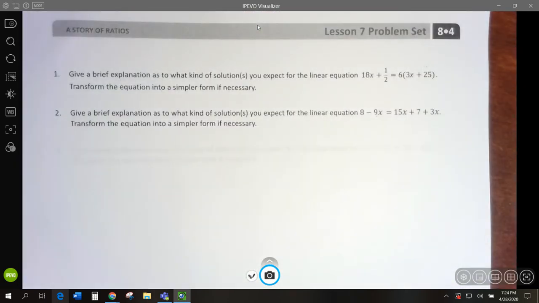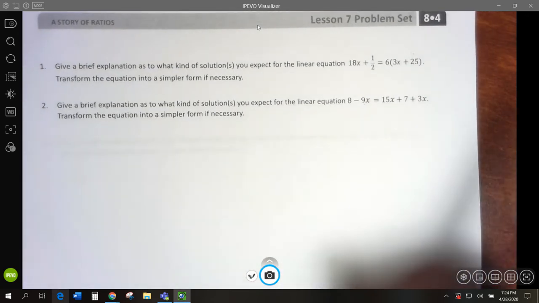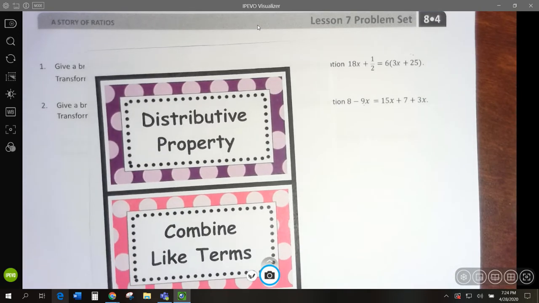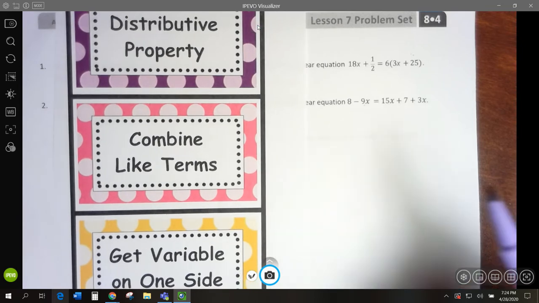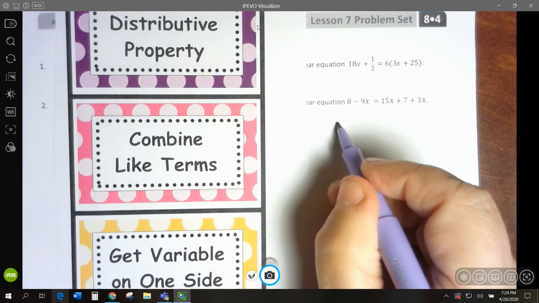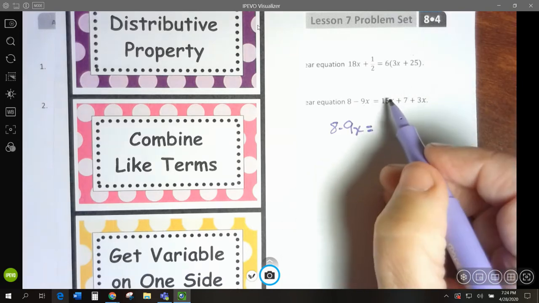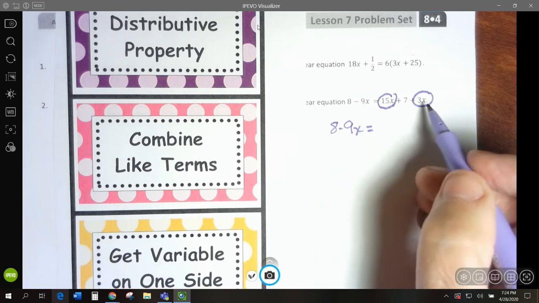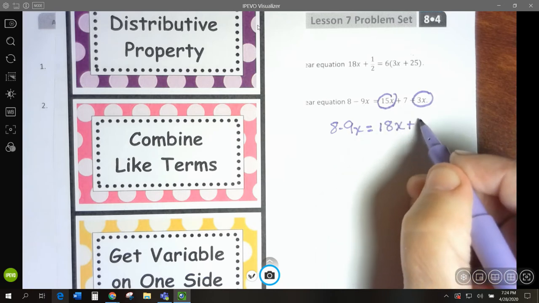Number 2, they want us to give a brief explanation as to what kind of solution we'll have here. Here we don't have the distributive property, but we do have combining like terms. So over here we have 8 minus 9x equals 15x and 3x is 18x plus 7.